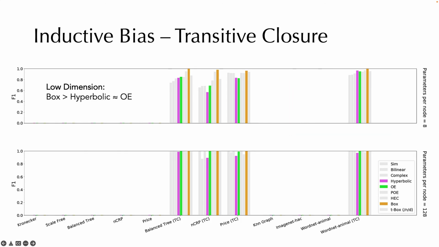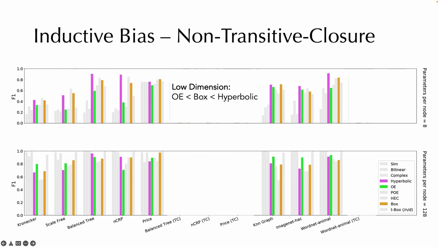By performing such a large-scale evaluation, we can also confidently make claims about the inductive bias which each model exhibits. For example, we see that in low dimensions, boxes tend to perform better than hyperbolic embeddings when modeling transitively closed graphs. While for non-transitively closed graphs, hyperbolic performs better than box, which performs better than order embeddings.